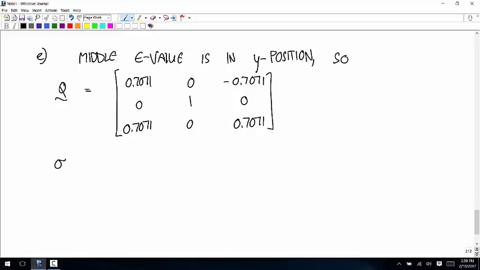And the stress tensor containing the max shear is equal to Q times the principal stress tensor times Q transpose. And can someone calculate that?